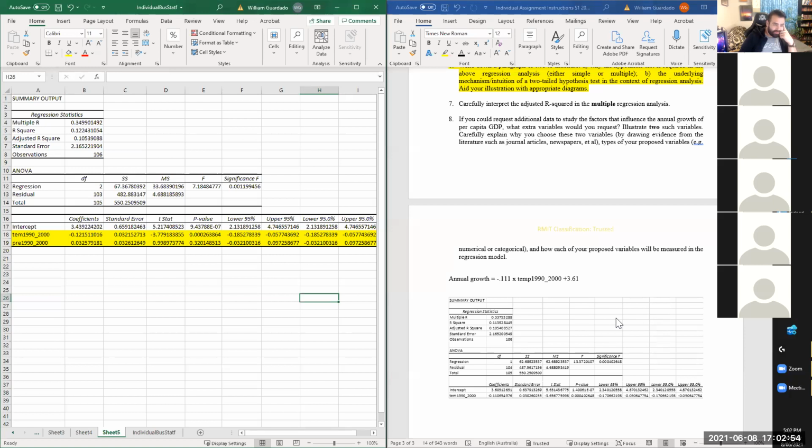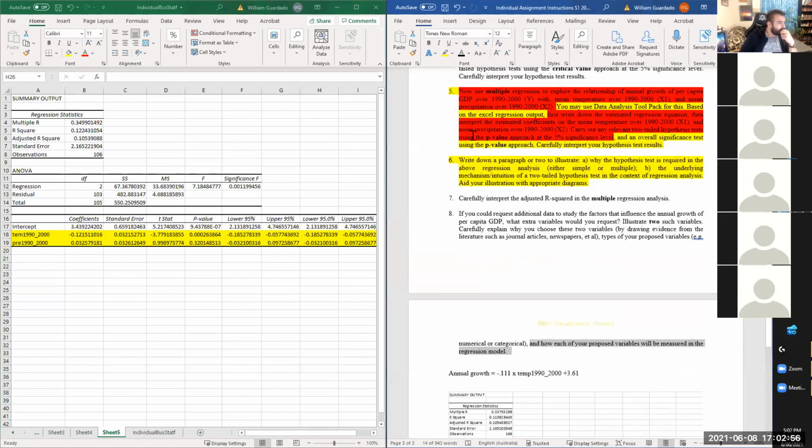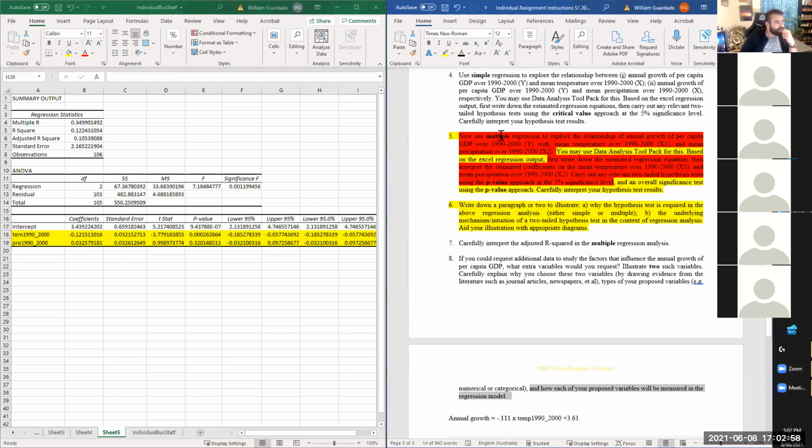For question 5 again, does it really matter if you use the t-stats? Because I just used the p-value and I got the same sort of results. Yeah, so usually you'll do both, and they should always come to the same conclusion.